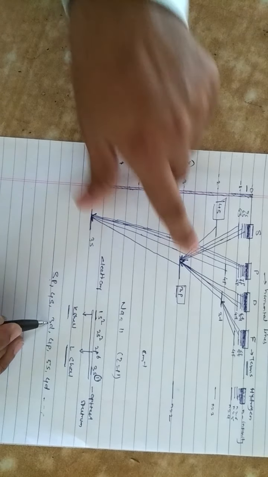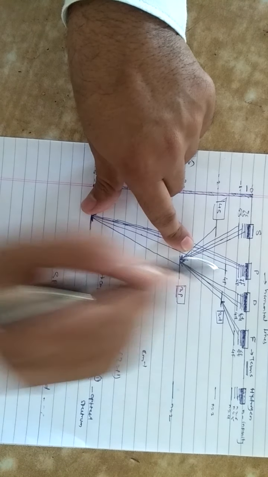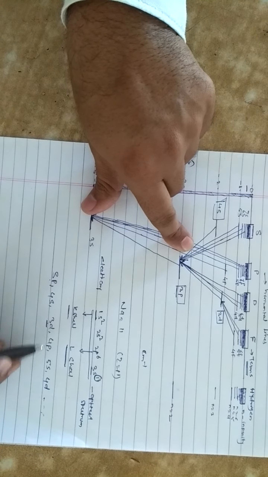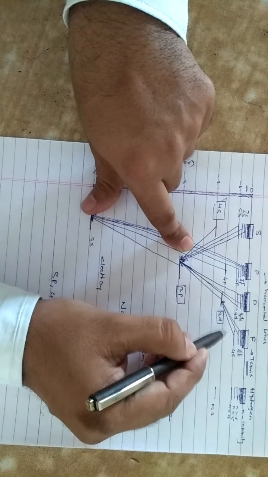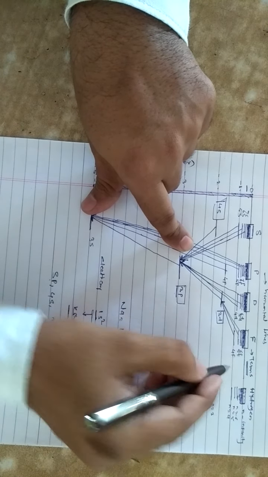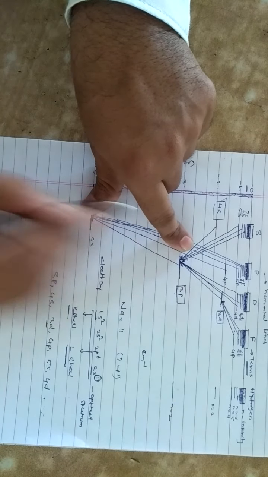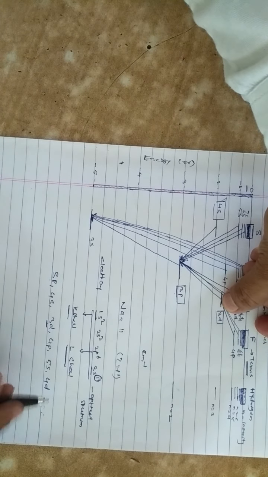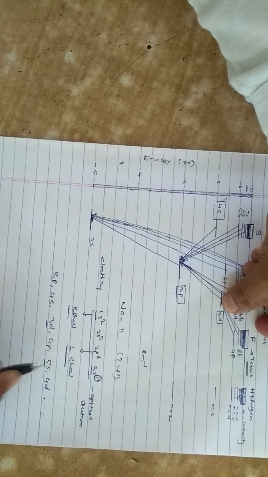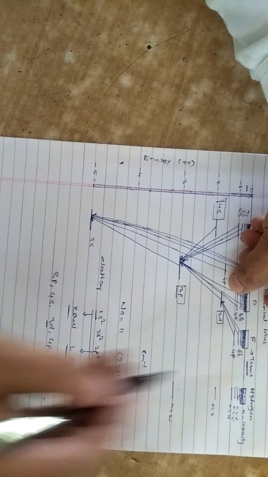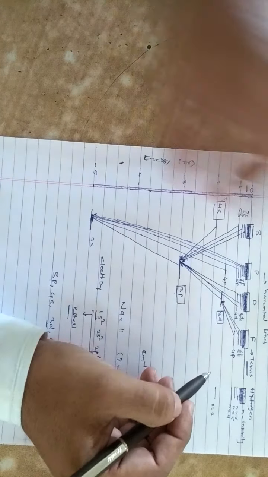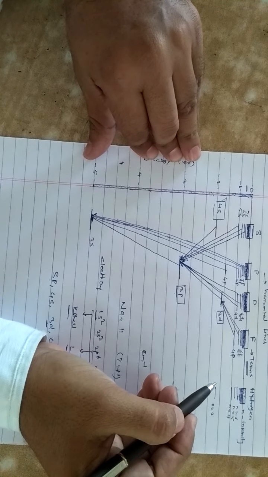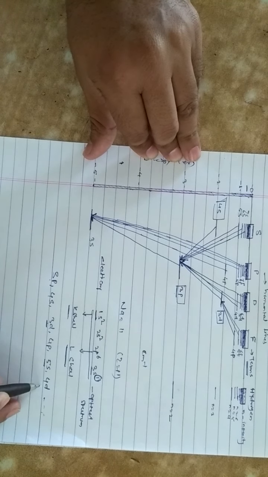Then the 3d level, this is the 3d level. When the electron jumps from 4p, this is the 4p electron, it jumps to 3d. Then 5s, this is the 5s electron, it jumps to 4d.